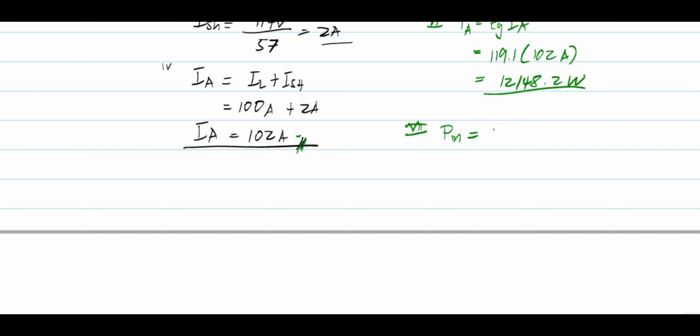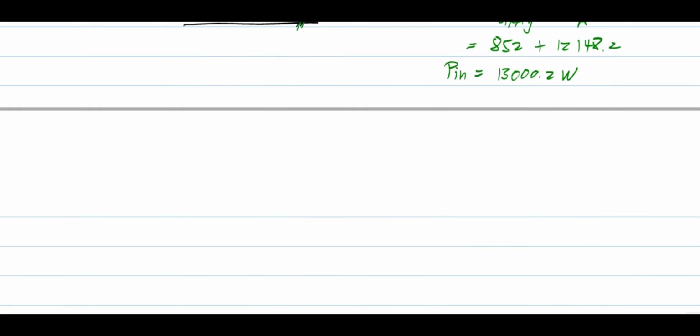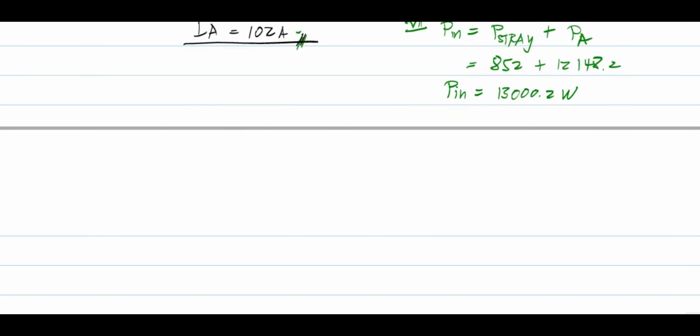P input is equal to P stray plus the power developed in the armature, which is the stray loss of 852 watts plus 12,148.2. Power input is equal to 13,000.2 watts.